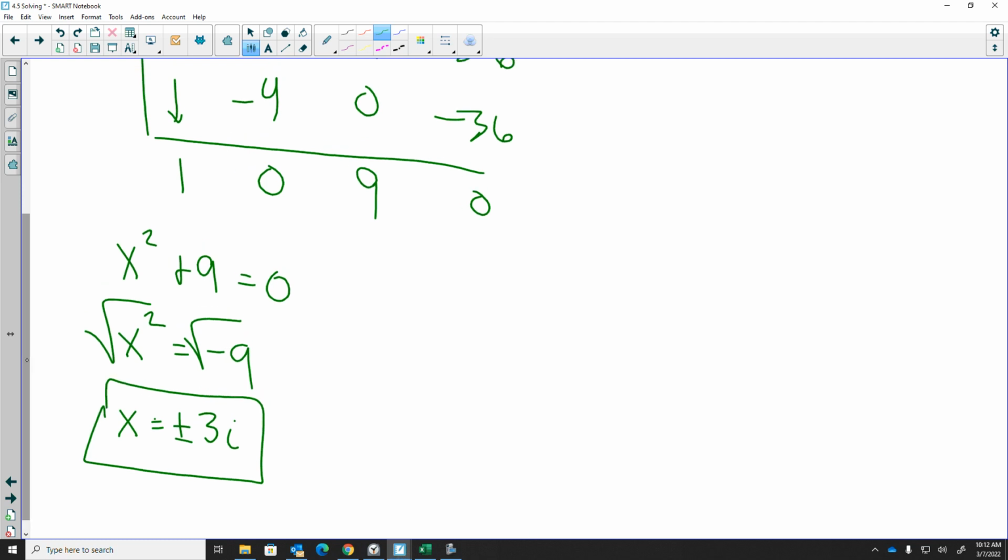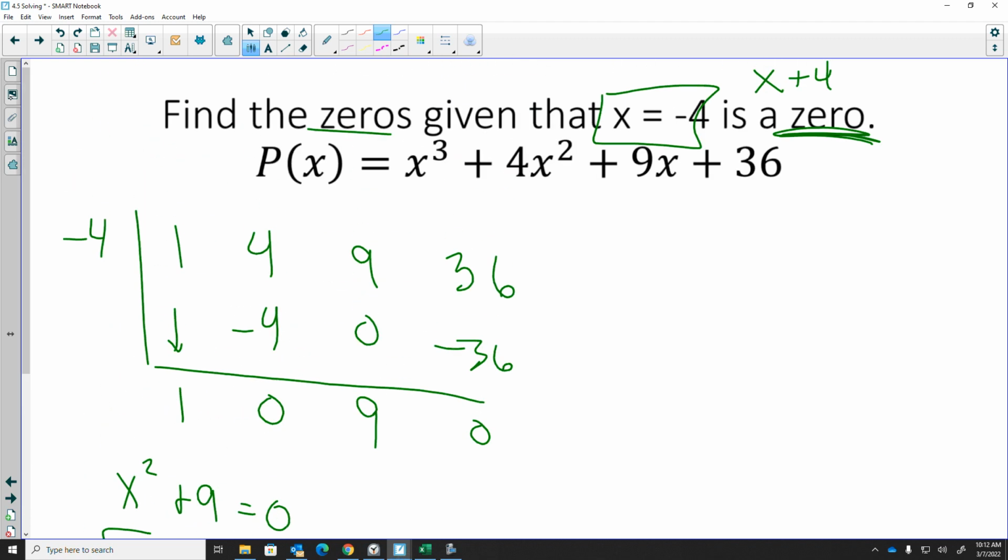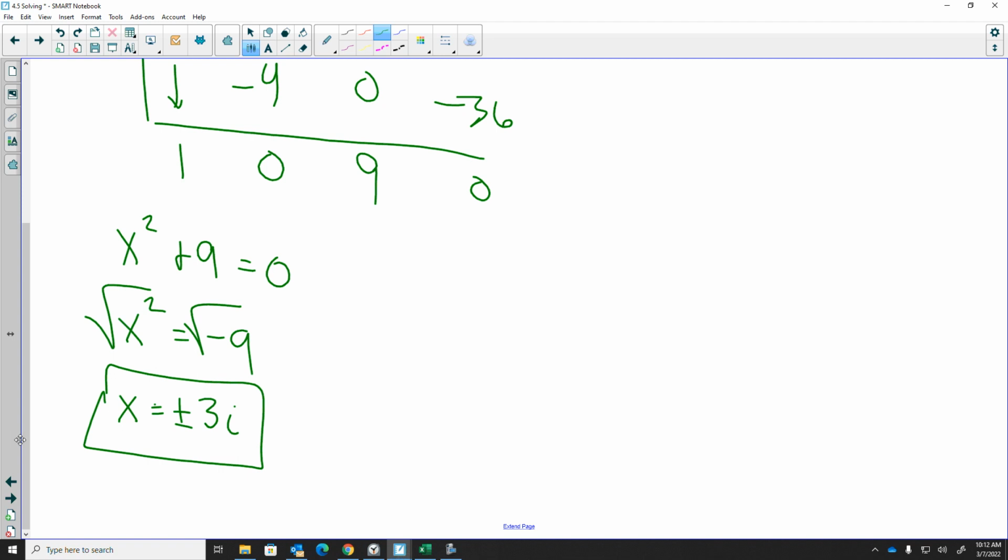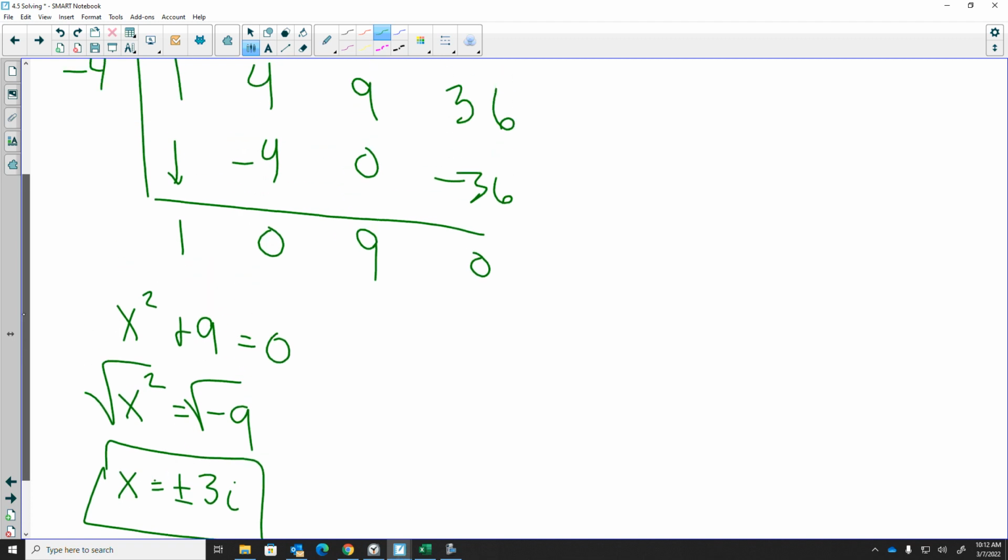Yeah, the one that it gave me. It told me this thing is a 0. It's asking me to find the zeros. Well, guess what? It already gave me one of them. Okay? So I found that this one, or those, technically 2 of them, right? Plus minus is technically 2. And then the other one is -4.